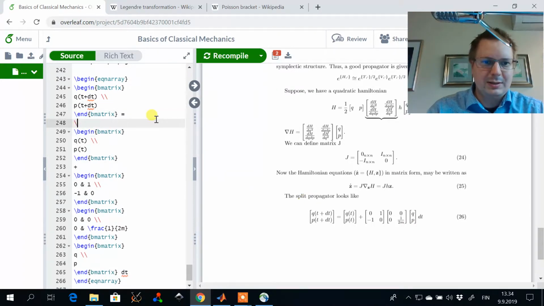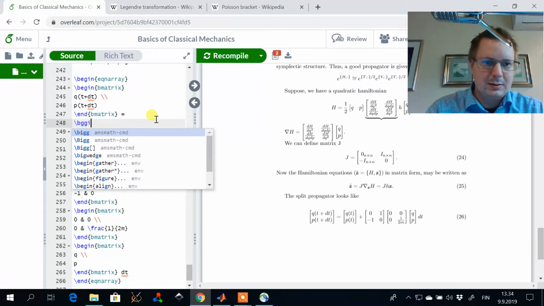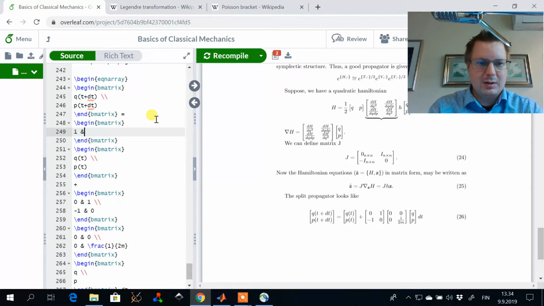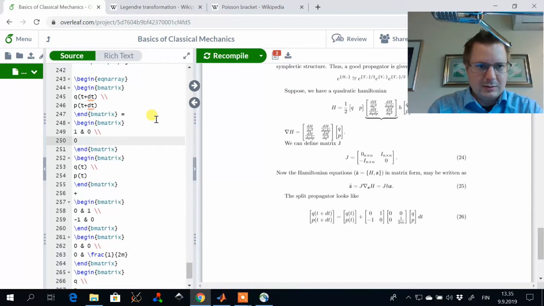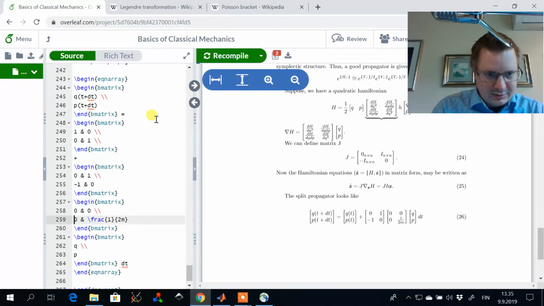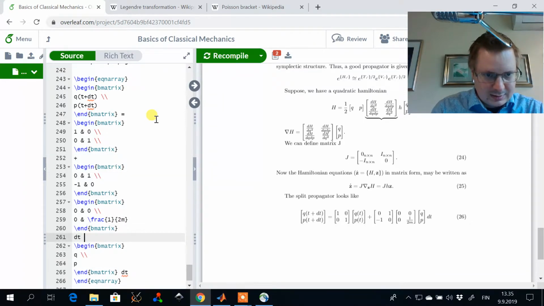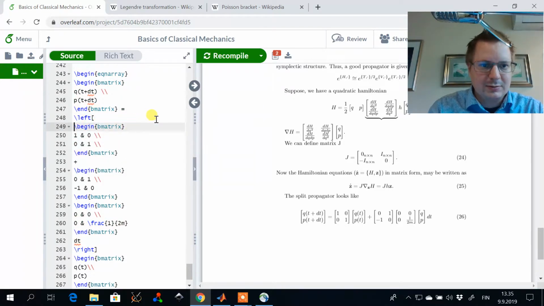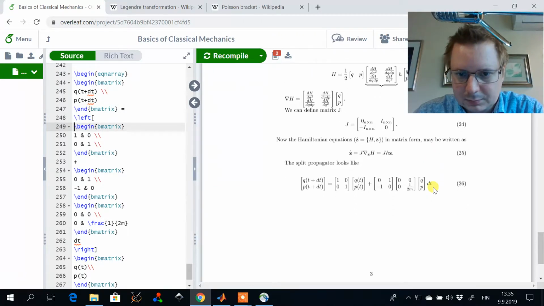So it's actually that we have some sort of identity matrix 0, 1, 0, like so, and then plus this matrix which had the dt, and then all of these will be multiplied with the p and q. So let's see how it looks like now.